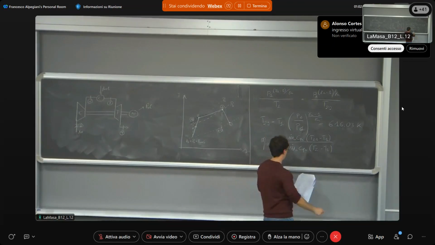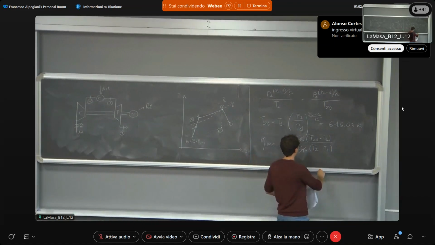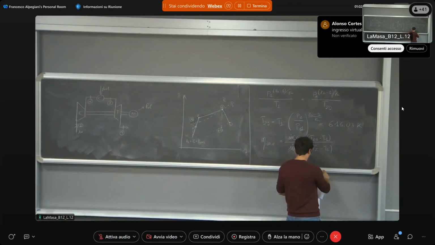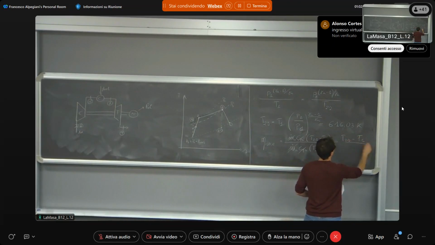And so the mass flow rate of the air in these two cases is the same, also the constant specific heat capacity. So what remains is T2s minus T1 divided by T2 minus T1.